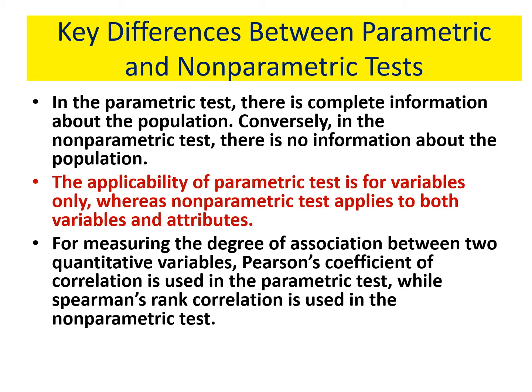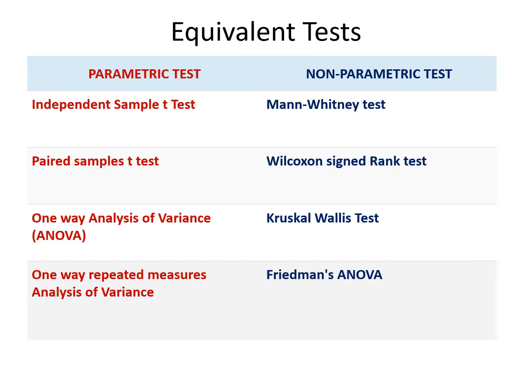The parametric test is applicable for variables only, whereas non-parametric tests apply to both variables and attributes. For measuring the degree of association between two quantitative variables, the Pearson coefficient of correlation is used in the parametric test, while Spearman rank correlation is used in the non-metric test.